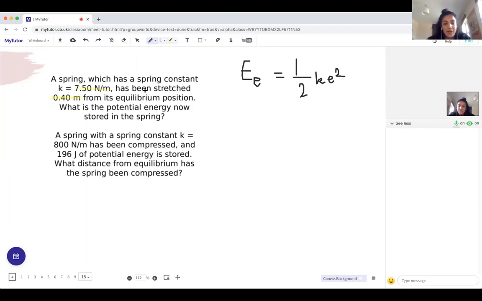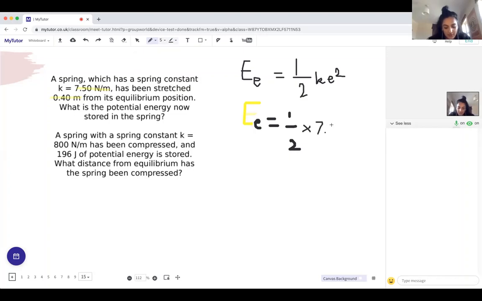What is the potential energy? So we've been given K and we've been given E, so we need to put it into our equation for potential energy. So E equals half times K, which is 7.5, times E squared.